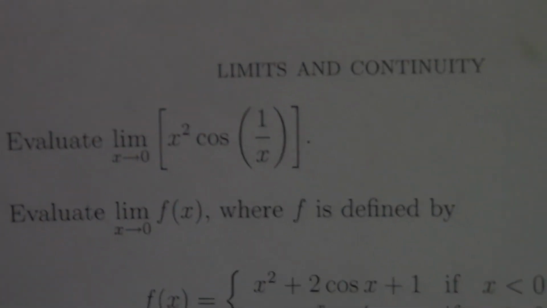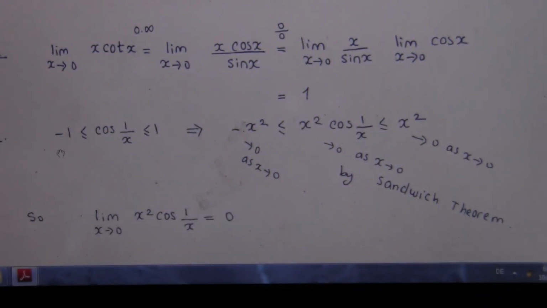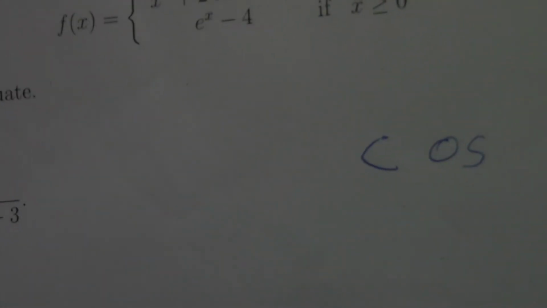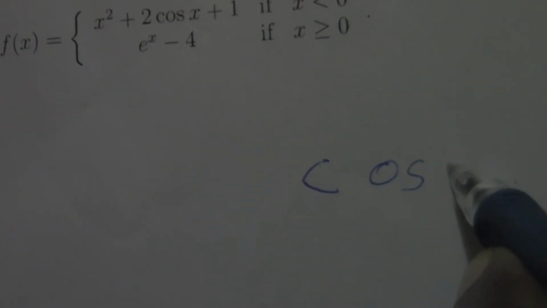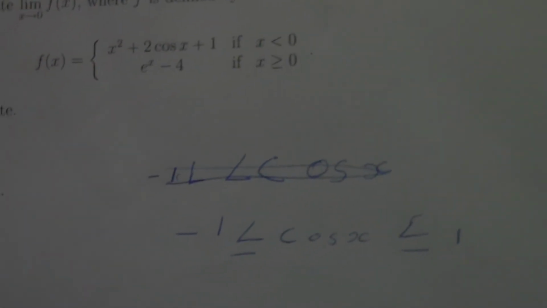So in general, anytime you have something as simple as this, where you just have a cos of infinity, you start with the fact that cos of x will always go between -1 and 1, that is, -1 is less than or equal to cos of x, which is less than or equal to 1.